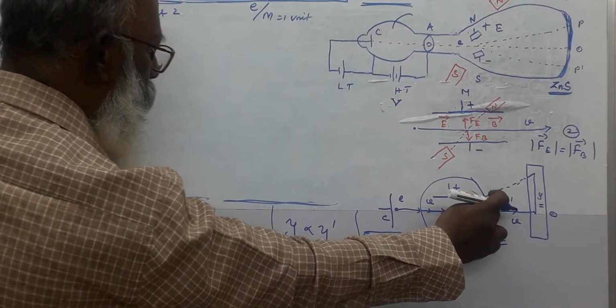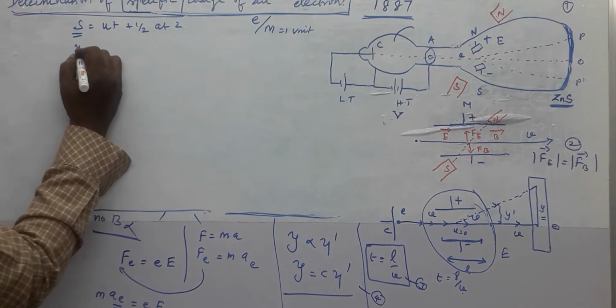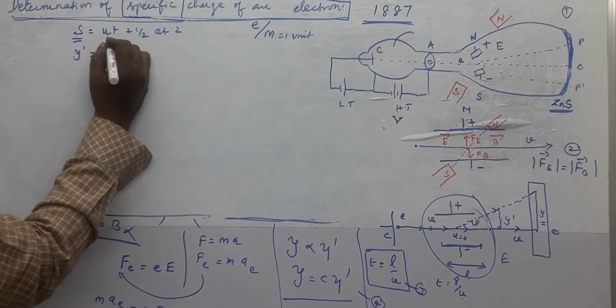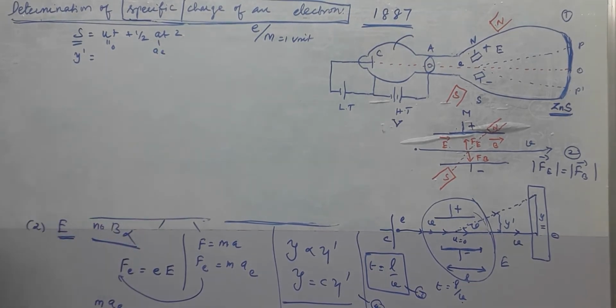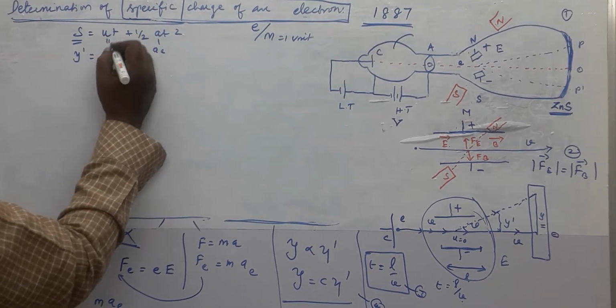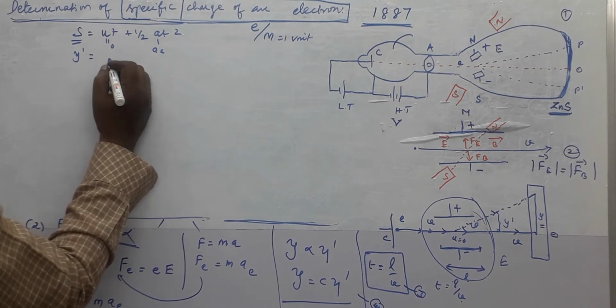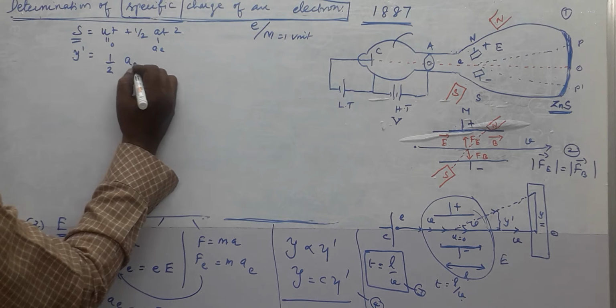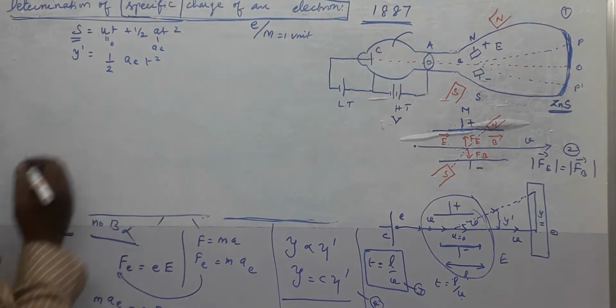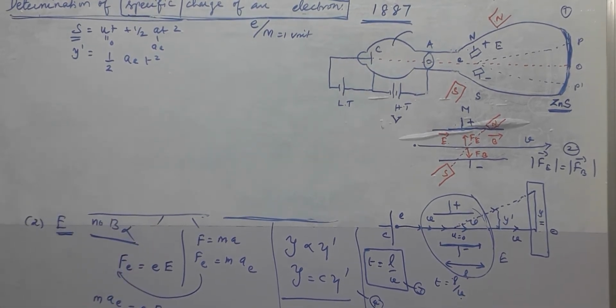Initially we have to consider y dash. Therefore y dash equal to u, which is 0, and a is ae. The product of 0 into t is 0, therefore only one term remains, that is half ae into t square. Are you clear? Yes.